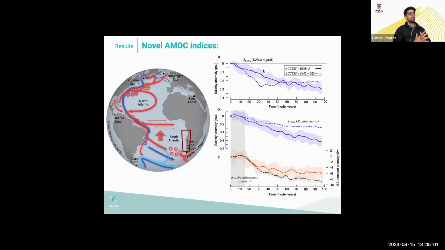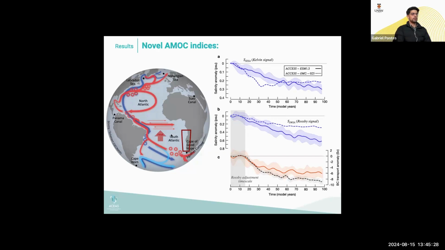What we got was that almost 50% was caused by changes in the ocean circulation, and another 50% by heat convergence that enhances evaporation. And in the ESM, most of this salinity increase in the East South Atlantic is caused by enhanced evaporation.